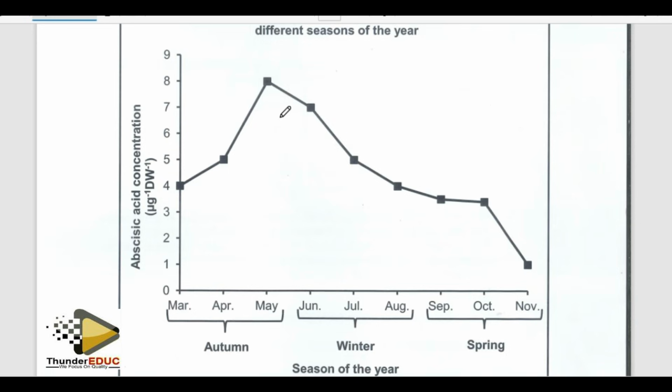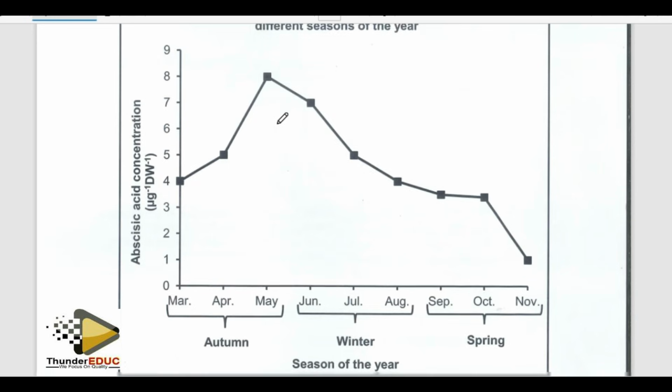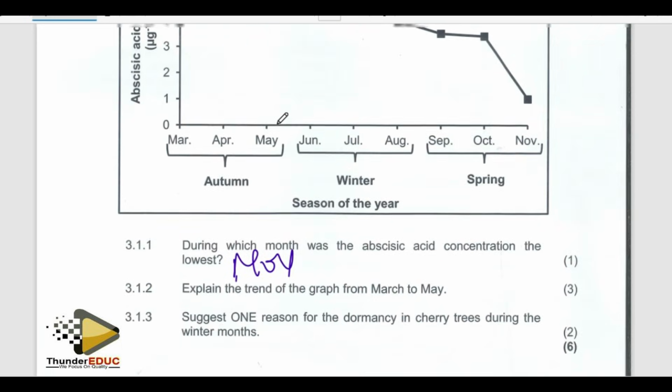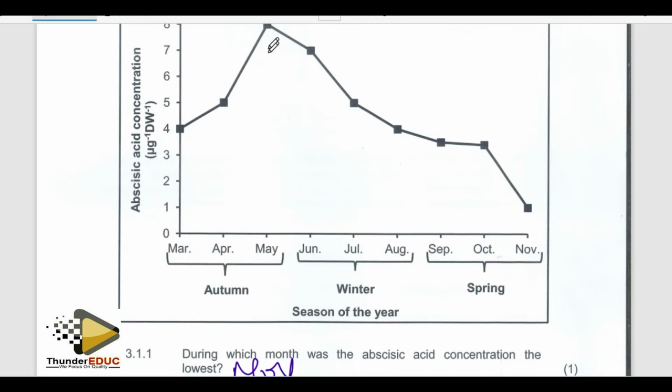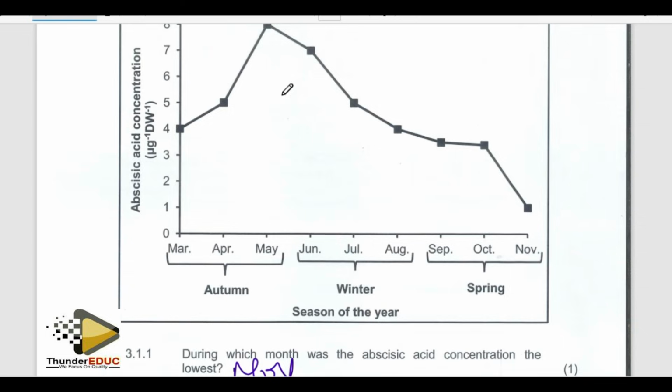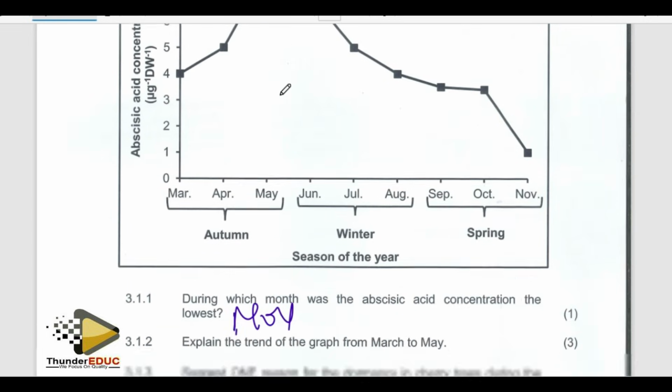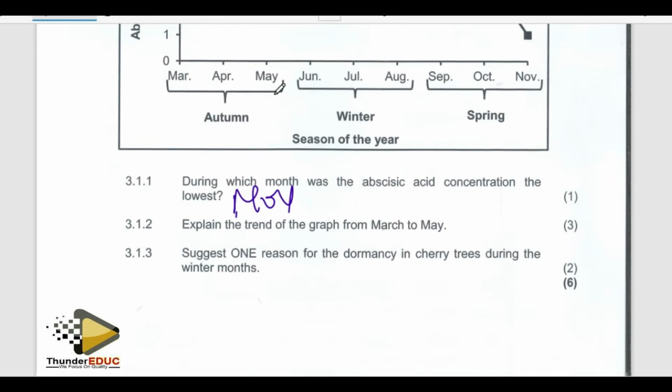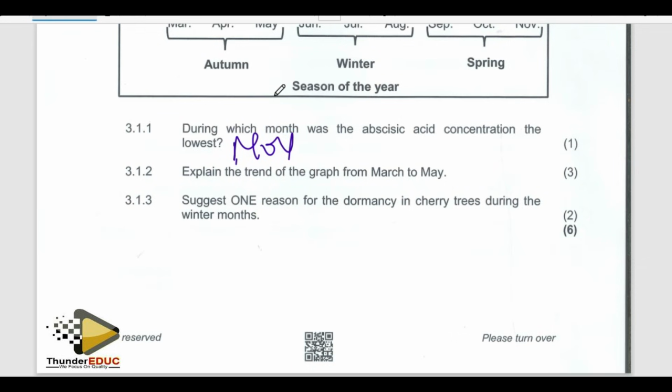So that it triggers the shedding of the leaves, so that the plant can undergo dormancy. So you mention it increases, a mark, and also explain why it increases, so that it can bring about the shedding of the leaves during this period, so that it enters when it is already dormant. It does not lose a lot of water during winter, because it doesn't have that water in the system.